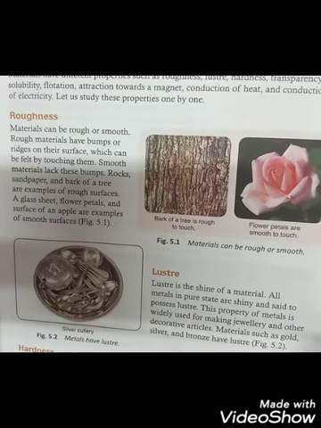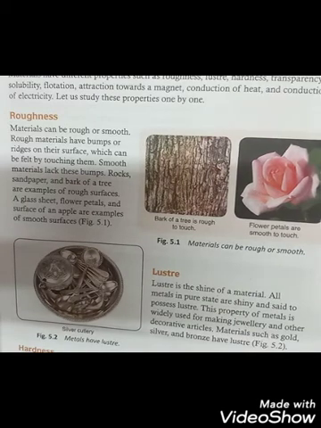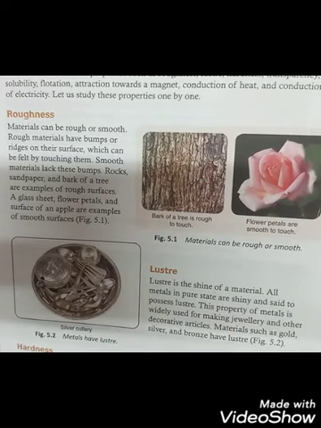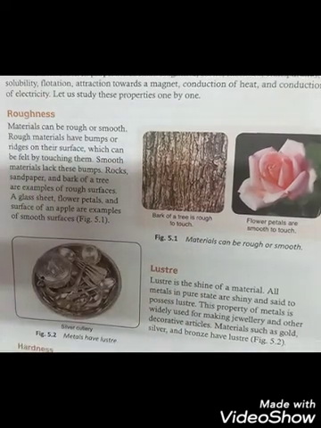Petals, the glass sheet, and the surface of an apple are smooth, and the bark of a tree is very rough because the surface has bumps on it. If you touch it, it will be very rough. So objects can be grouped into two types: one is rough, the other is smooth. So roughness is one of the properties.